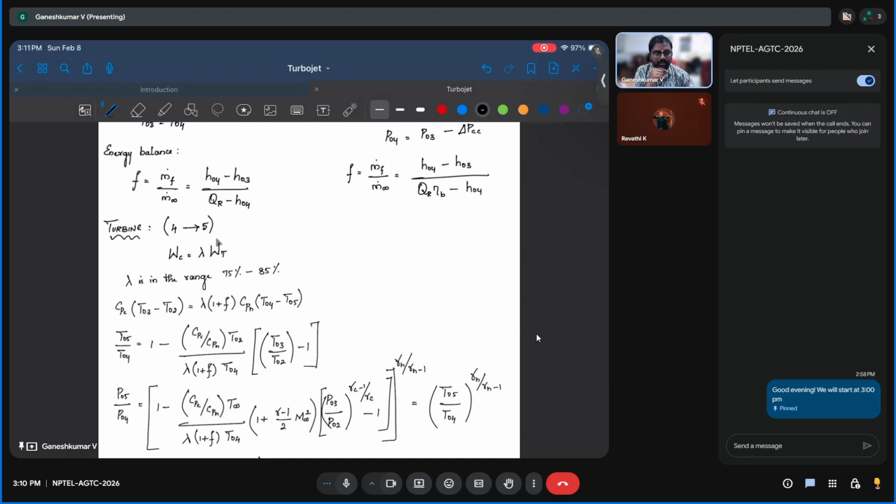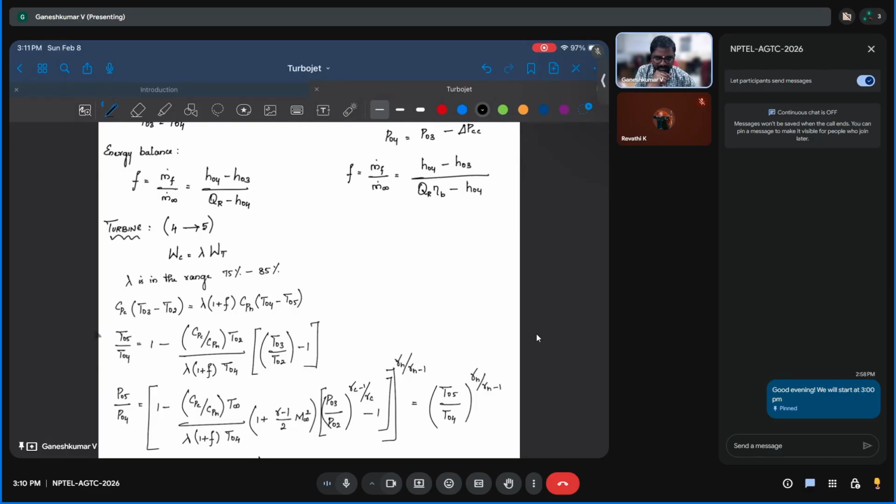Based on that, we know the amount of work we need to take from the fluid, and from the thermodynamic relations you can find the pressure and temperature at the exit of the turbine. That's why we couple the work done by the compressor equal to the work done by the turbine. At this point we already know the work done to the compressor because we have found pressure and temperature across the compressor. So the only unknowns left are of the turbine, and we know the inlet to the turbine.